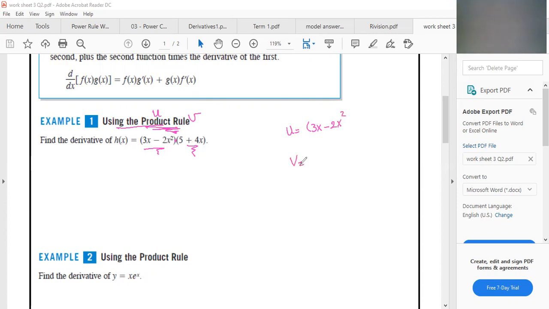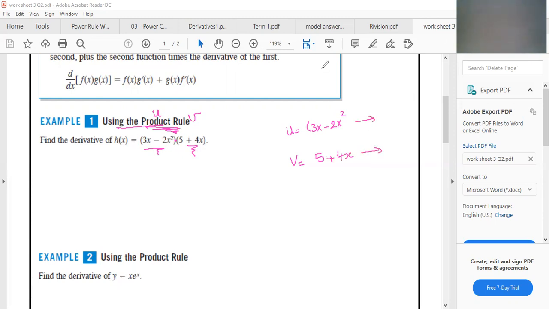Function v is the second bracket, the second function, because both of these functions are polynomial functions, and as you know, all polynomial functions are differentiable on all real numbers. Plus 4x. Then find the derivative of each one.